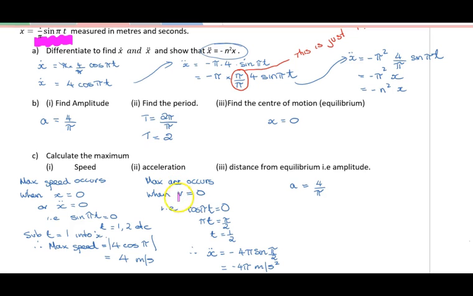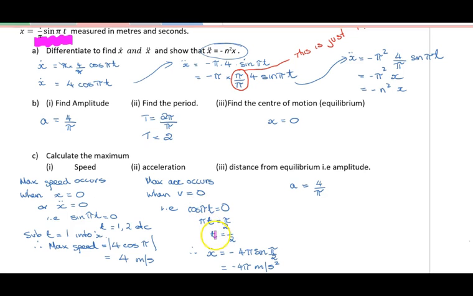Acceleration. Maximum acceleration occurs when v is 0, and we've gone through a similar process. I'm just aware I'm going to run out of time, so again I've taken the velocity function, but all I've done is I've taken the only part of it that can vary. 4 is 4, and that's never going to vary, so it's only going to be this part.